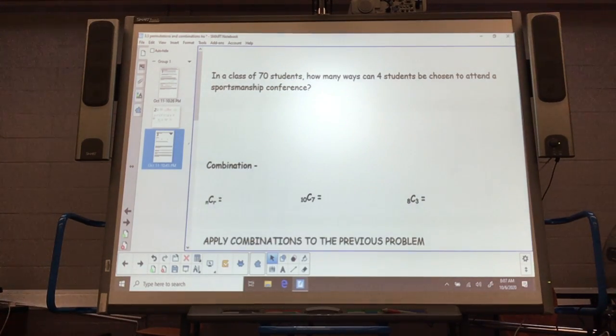Now, let's think about this: how many ways can 4 students be chosen to attend the sportsmanship conference? Okay, you're going to a conference. 4 are chosen.